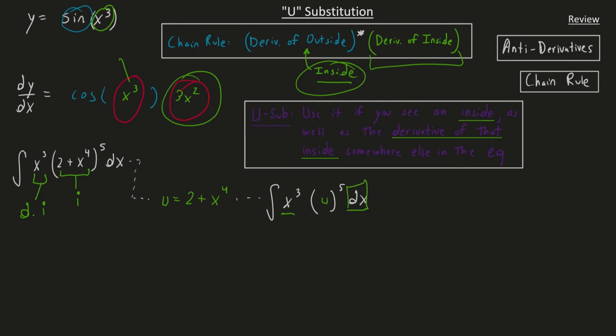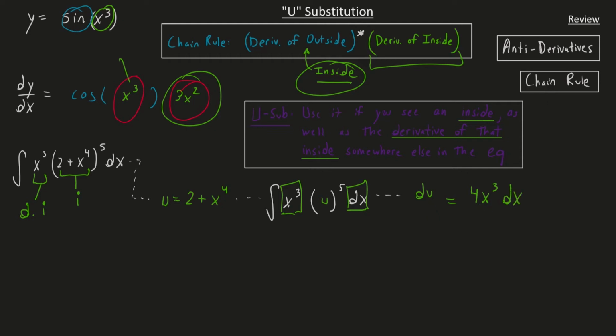Well, remember, these remaining things are kind of like the derivative of that inside. So we take the derivative of our inside, our u, to get that dx to appear. So we made dx appear, but it's in the denominator, so that's not very helpful. We're going to multiply both sides of the equation by dx. It cancels out on the left, and on the right, we get dx.